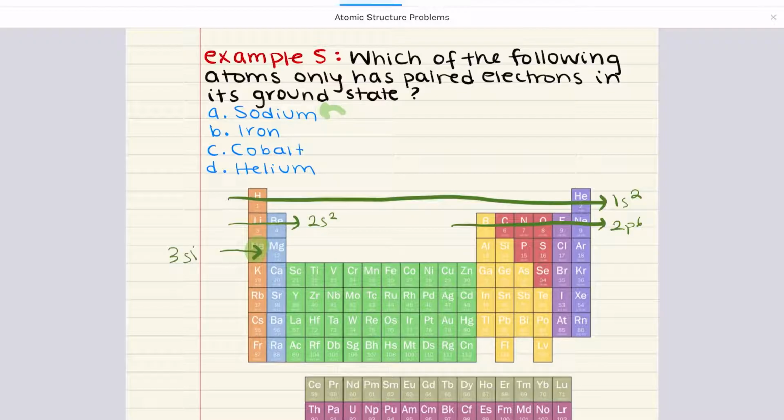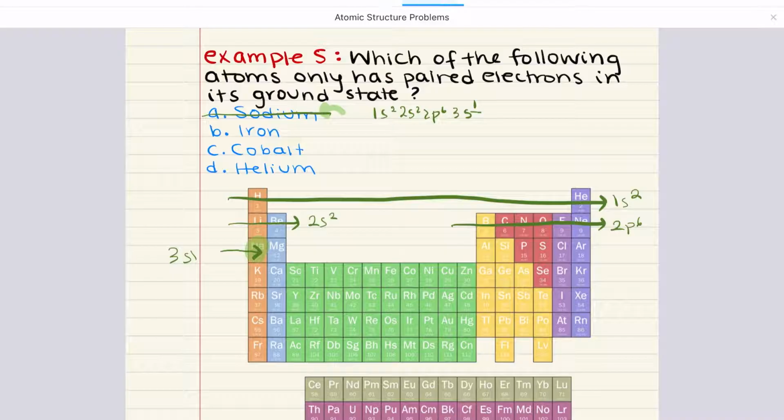All right, so our electron configuration for sodium is 1s2, 2s2, 2p6, 3s1. So what you notice here in this 3s orbital is that sodium actually has one unpaired electron in the 3s orbital. So it doesn't have only paired electrons in its ground state. So sodium is not the correct answer.